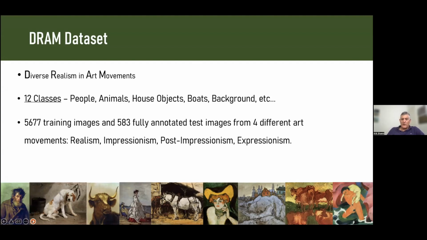So we took some diverse art movements in order to train the network. We also gathered a small set of around 600 fully annotated test images from the same art movements. Lastly, we also added an additional 135 test images from different art movements, not from the original ones, so we can see the performance also on other art types or other domain types.